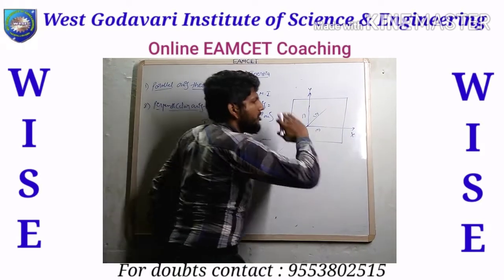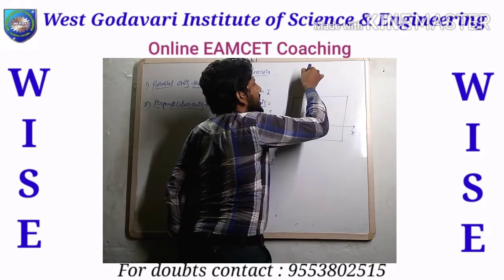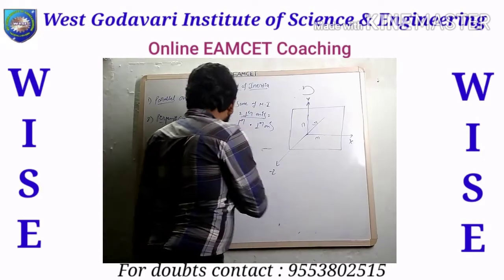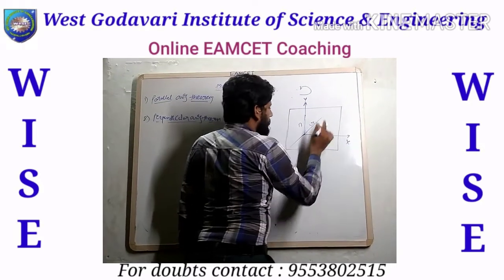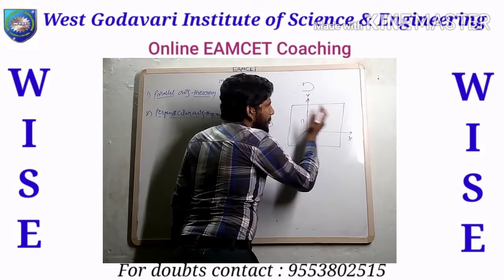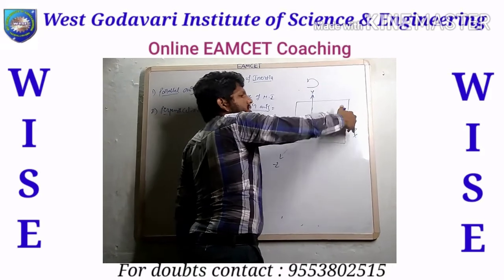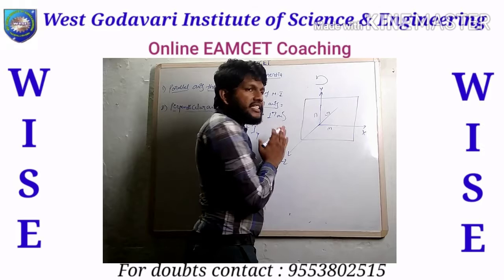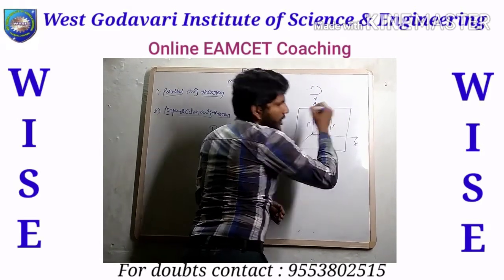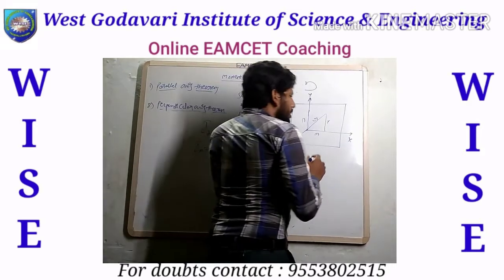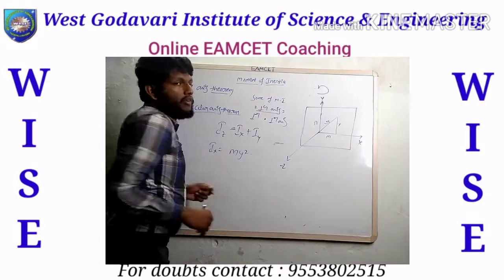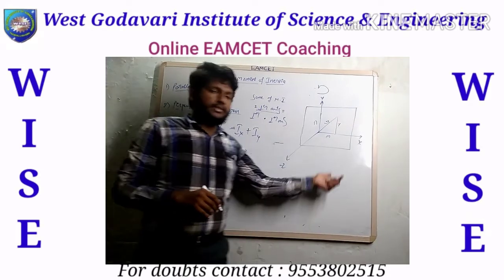If the body is going to rotate about the x-axis, the moment of inertia is Ix equal to mass into the distance. If it is rotating about x, then the distance is parallel to the y-axis. That's why I will take small y, and consider that the distance is y. So y square is the perpendicular distance to the axis.